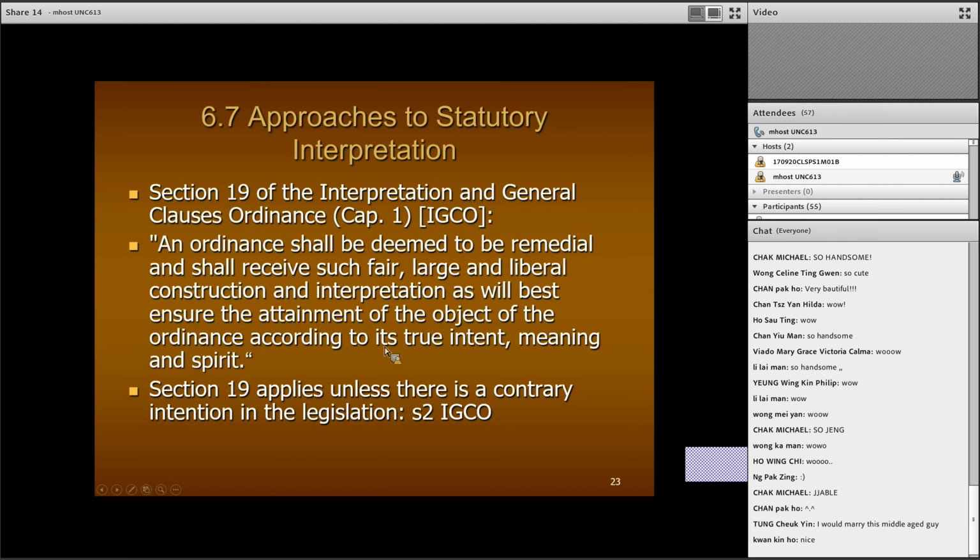This is a reproduction of section 19. So I'll give you 1 minute's time. Please go through it. I'll see whether you can understand this section.